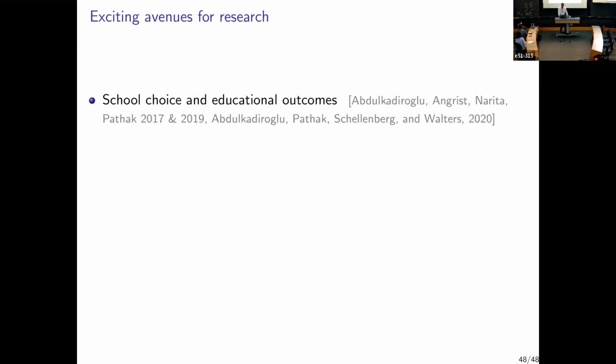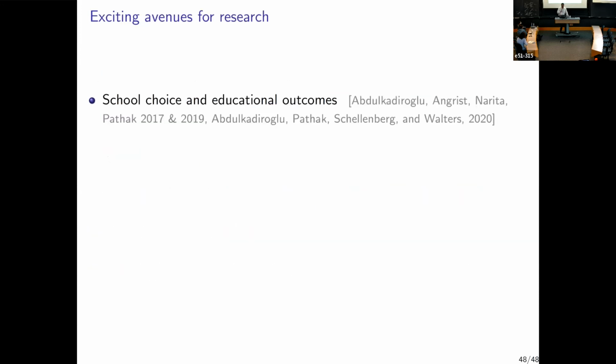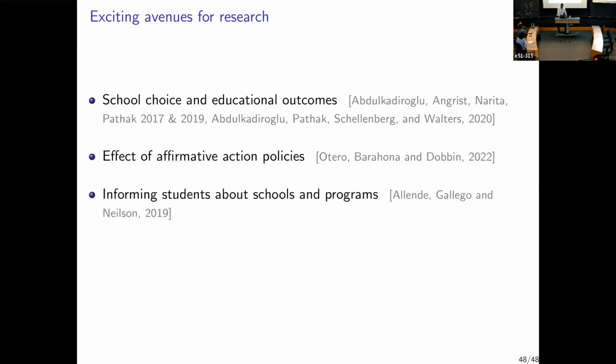There are some papers about school choice and educational outcomes, papers by Atila Abdulkadiroglu, Josh Angrist, and Yusuke Narita, and a paper by Pathak, Atila, Schellenberg, and Walters in 2012, where they also look at school choice and how outcomes change, and where people tend to choose schools that are good for them. There are papers about the effect of affirmative action policies. There's a recent paper by Otero, Barahona, and Dobbin. It's a job market paper this year.